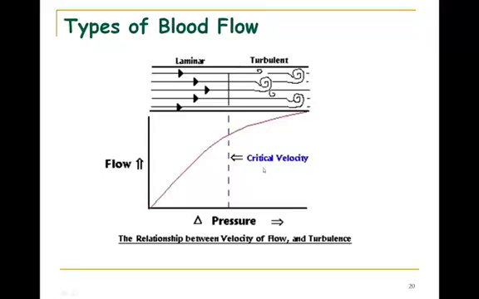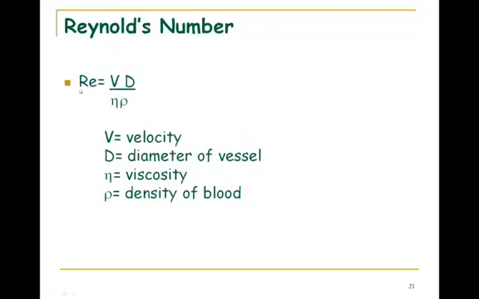This relationship between velocity and turbulent flow is kind of an important concept, and one way to look at it is using something called Reynolds number. Here, do not even attempt to memorize this equation, not in any way, shape, or form.